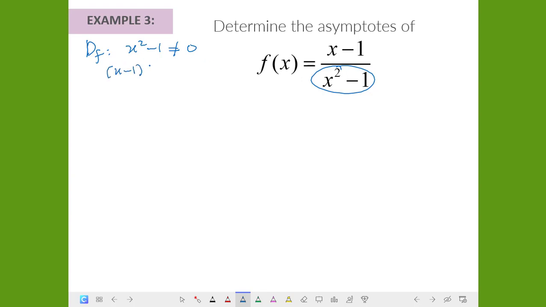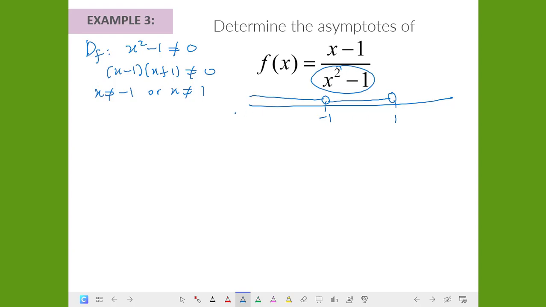So (x minus 1)(x plus 1) not equal to 0, or x not equal to negative 1, and x not equal to 1. Then the domain is all real numbers except negative 1 and 1: negative infinity to negative 1, union negative 1 to 1, union 1 to infinity.